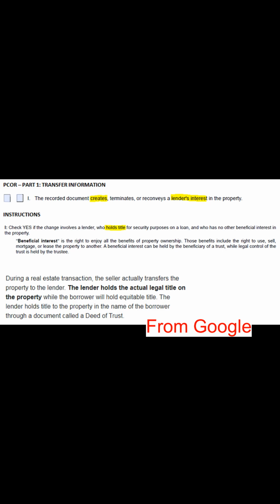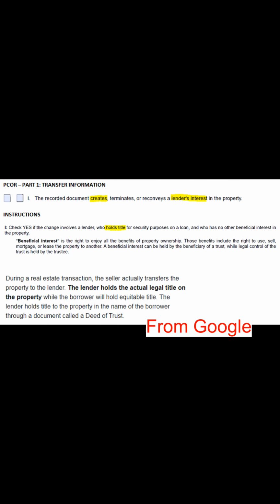The lender holds the actual legal title on the property, while the borrower will hold equitable title. The lender holds title to the property in the name of the borrower through a document called a deed of trust. So basically, the lender in a way holds the title until you have paid off your mortgage.